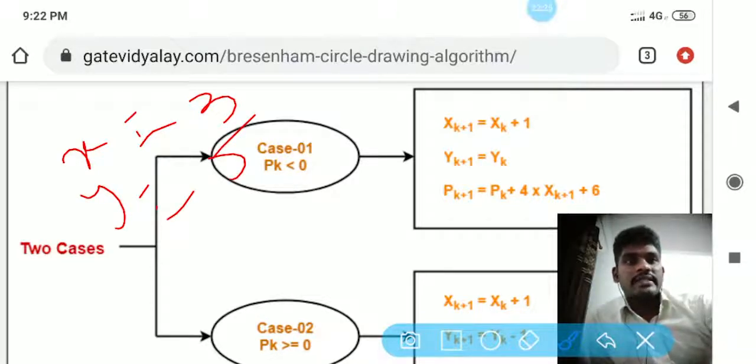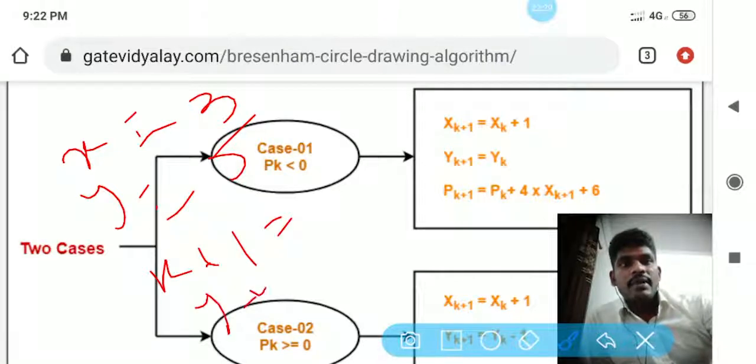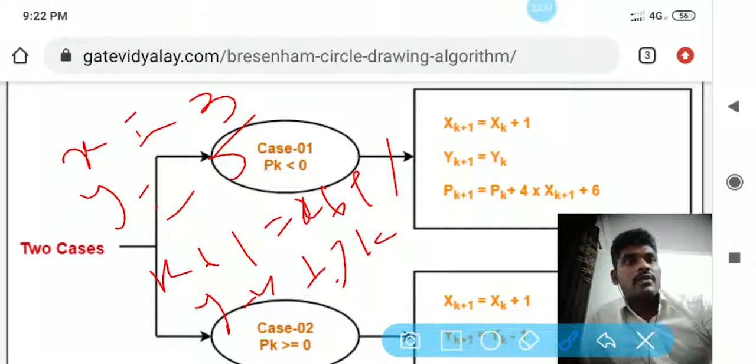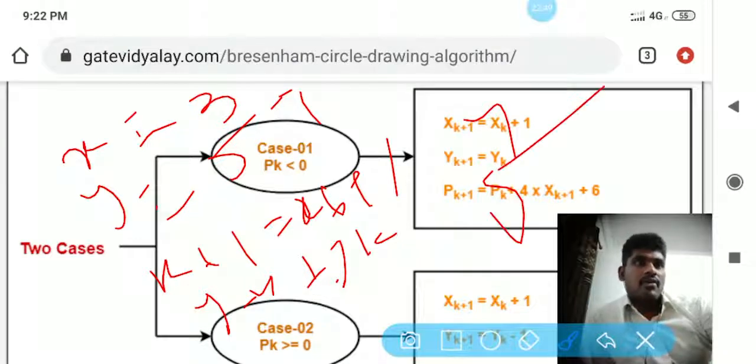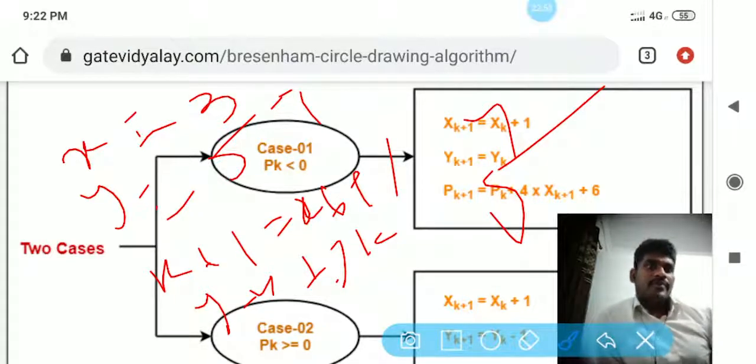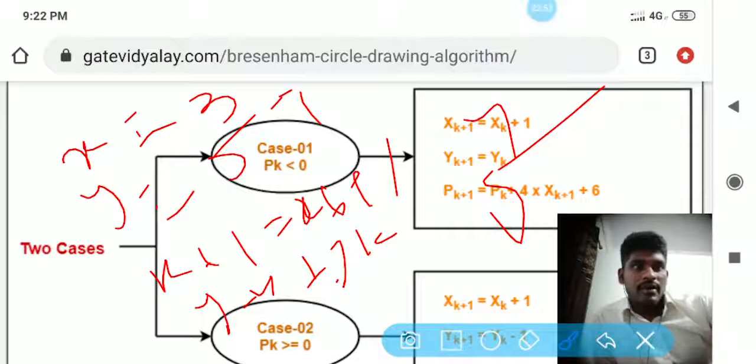Now we want to find xk plus 1 and yk plus 1. Xk plus 1 is xk plus 1, and yk plus 1 is yk. So the new value of x is 3 plus 1, 4, and the new value of y is the current value, 5. So these are the x and y coordinates.